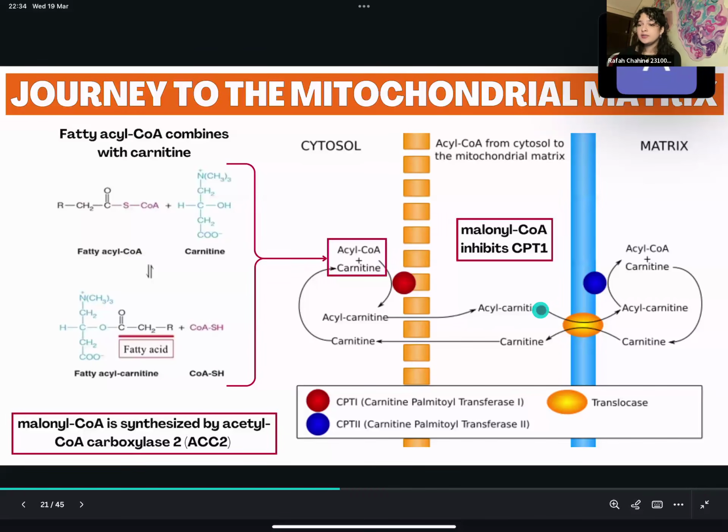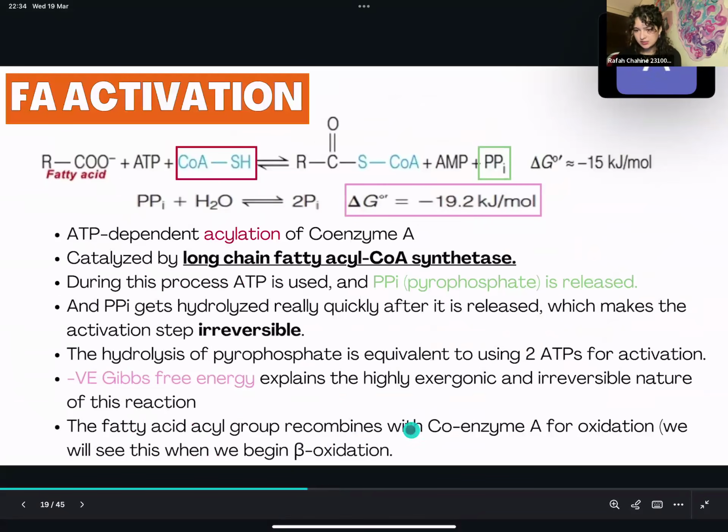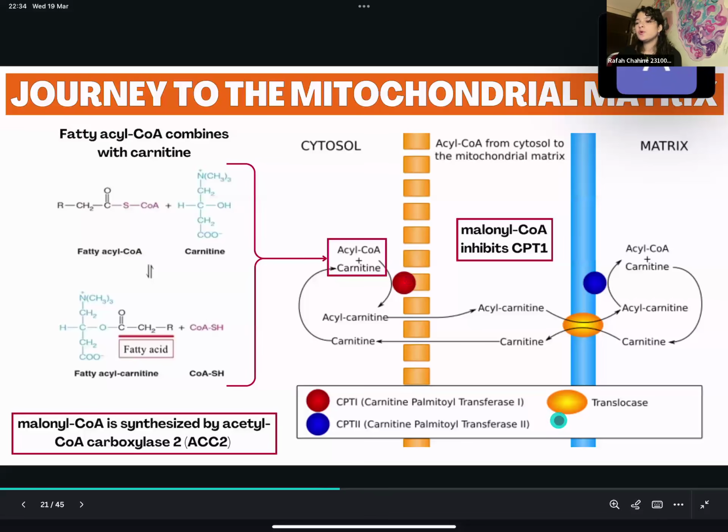After we get this acyl carnitine, it will get transferred into the inner mitochondrial membrane with the help of this translocase enzyme. But now we need to bring back the acyl-CoA. I want us to pause and go back to this last bullet point, where it says the fatty acid acyl group will recombine with coenzyme A for oxidation. This is what we mean by it will recombine. For a very short amount of time, the CoA will be separated from the fatty acyl because carnitine will take its place.